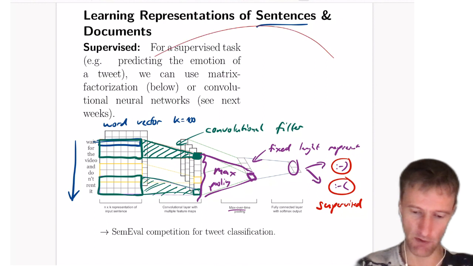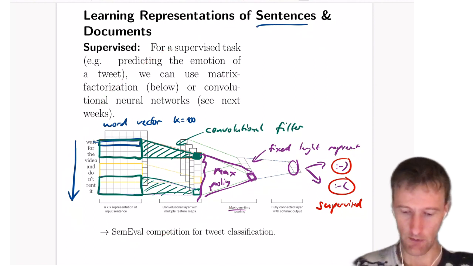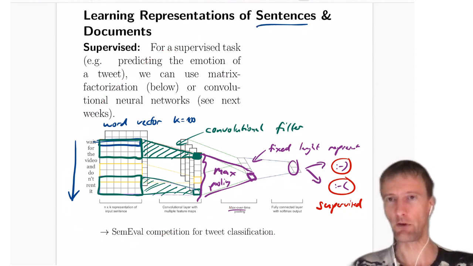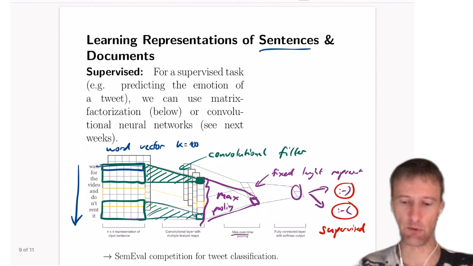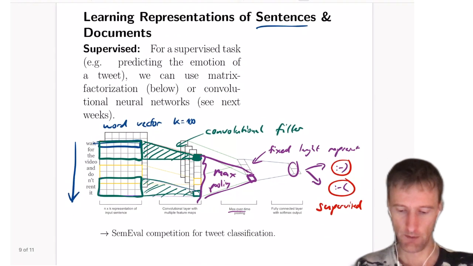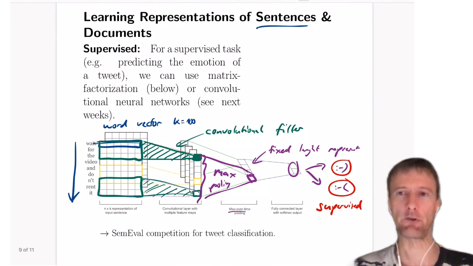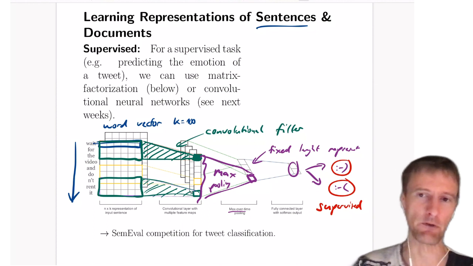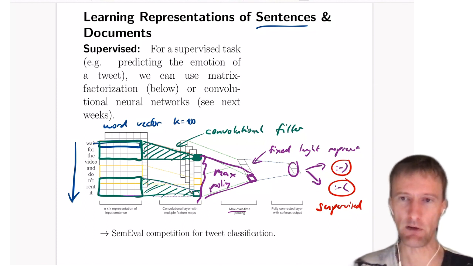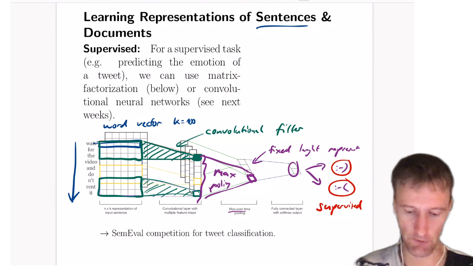Okay, but the takeaway from this slide is basically just, can you use standard convolutional networks on text? Can you use them to get sentence representations? And the answer is yes. So this has also been successfully applied, for example, to tweets and sentiment classification many times.